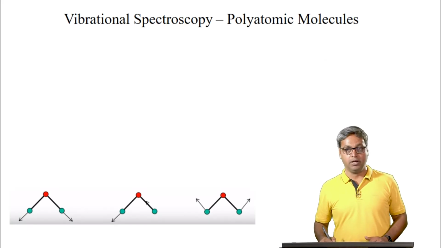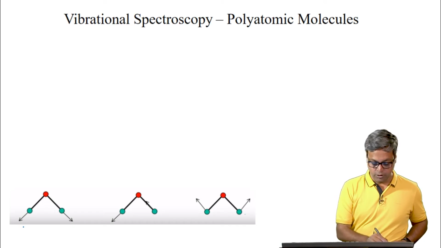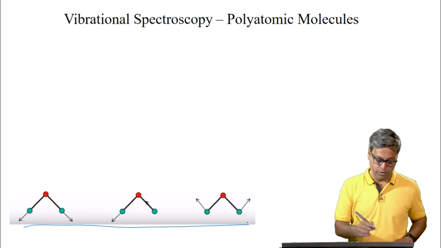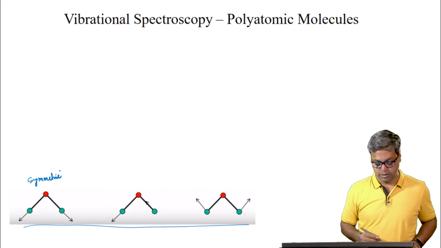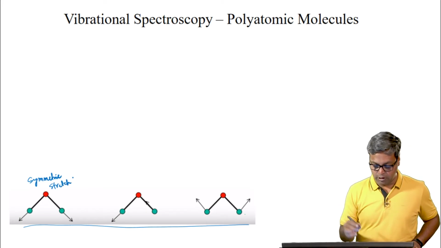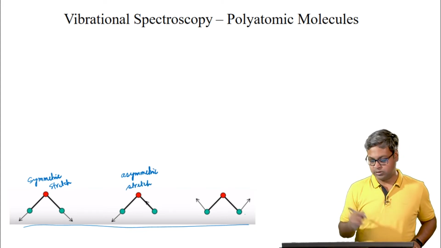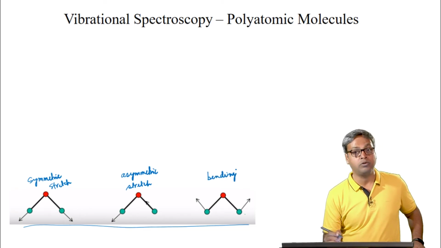The water molecule has 3 normal modes of vibration as shown in this figure. So, we can label these modes. The first one is the symmetric stretch, the second one is the asymmetric stretch, and the third one is the bending mode.